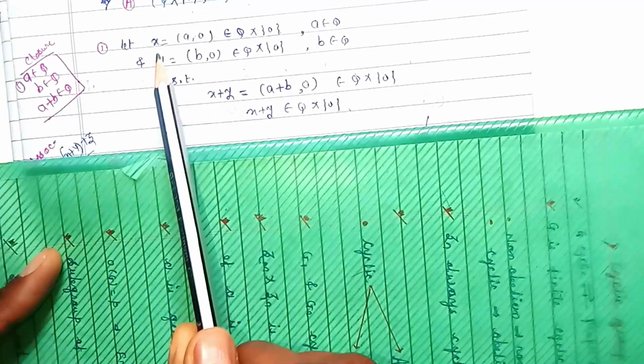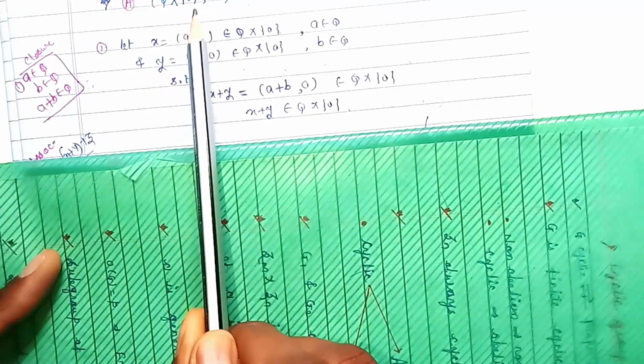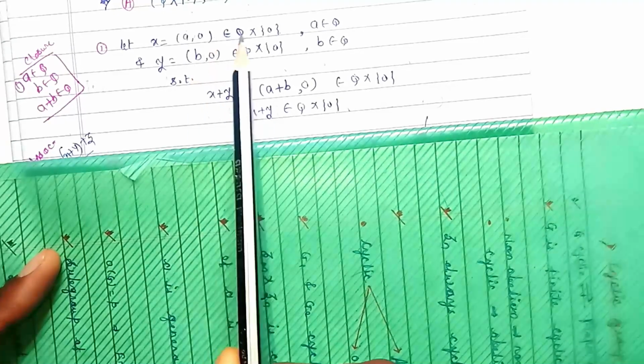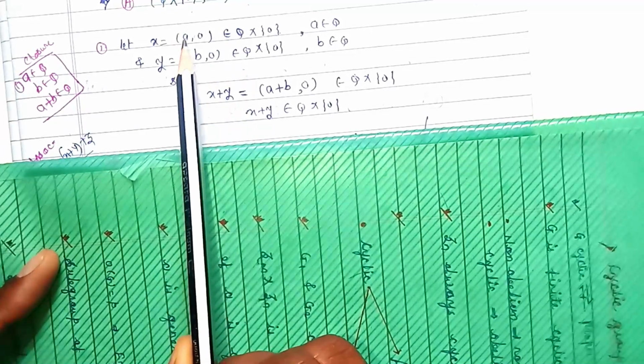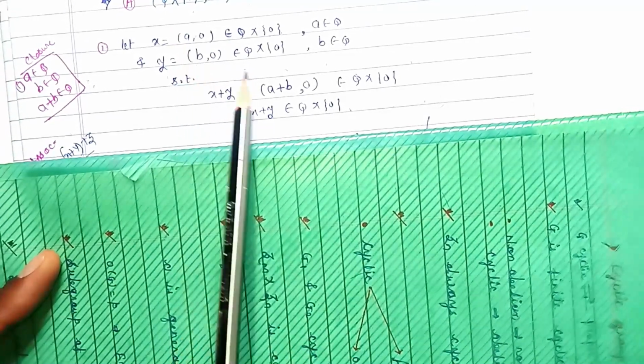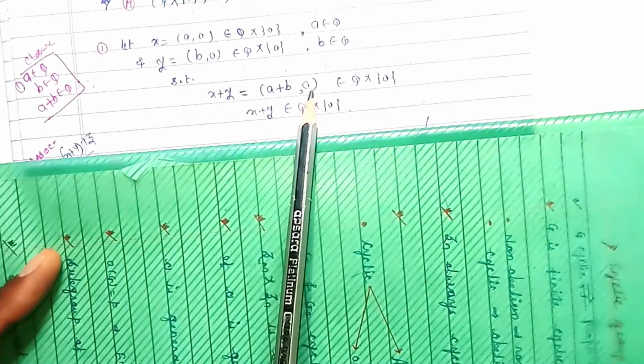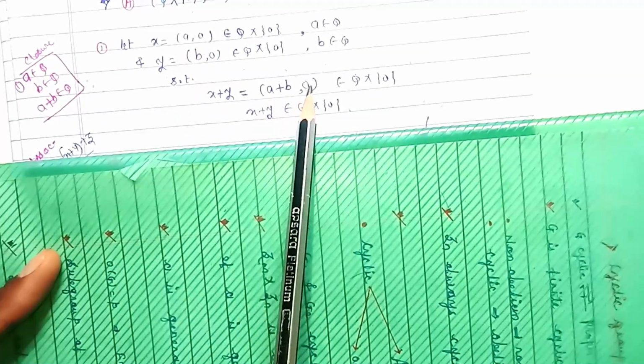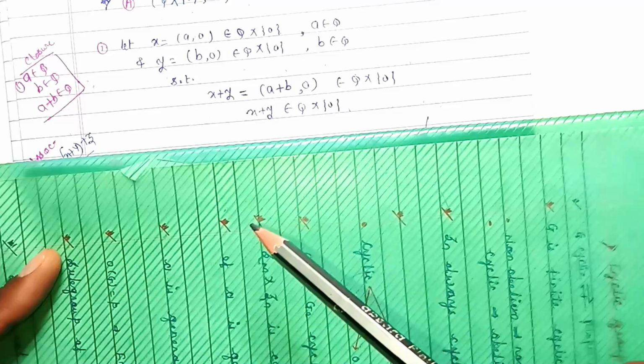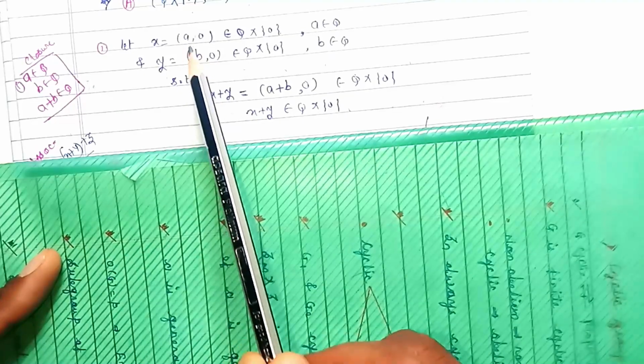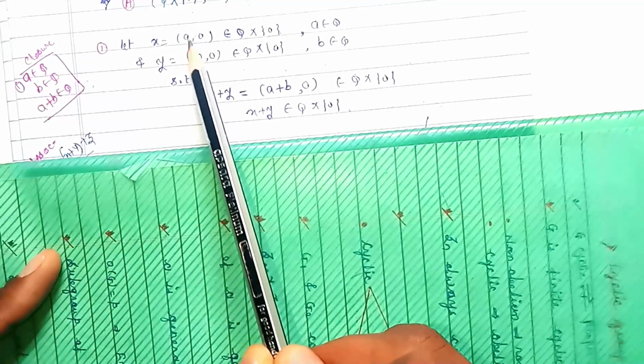So x plus y, we need to show, also belongs to Q cross {0}. Adding ordered pairs means adding their corresponding elements: a plus b, and 0 plus 0. So x plus y is (a plus b, 0).